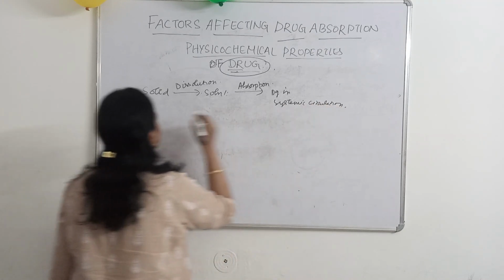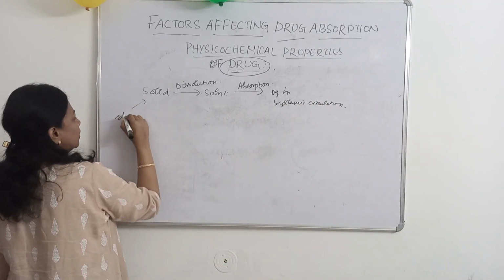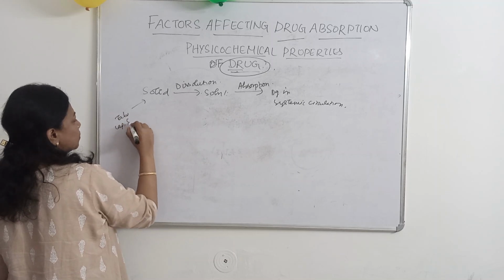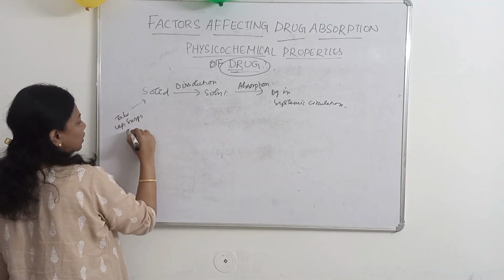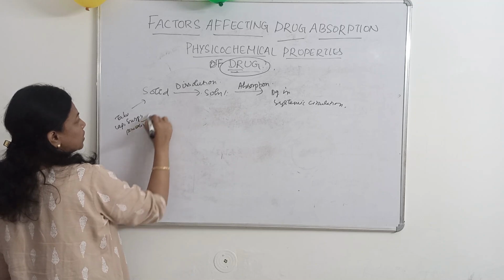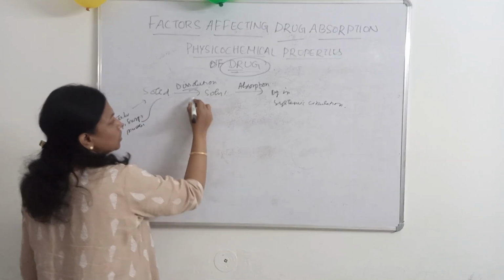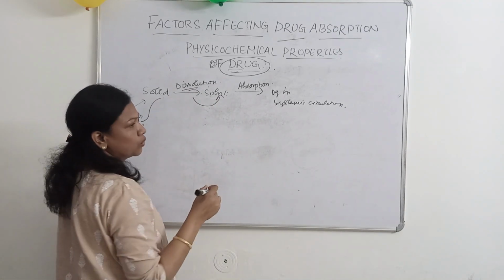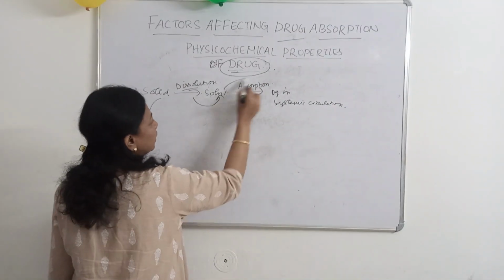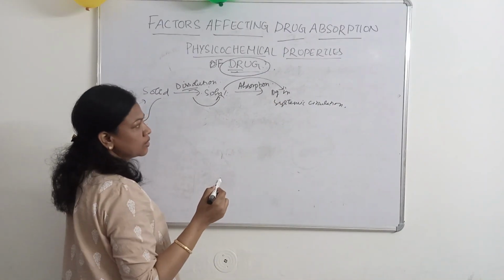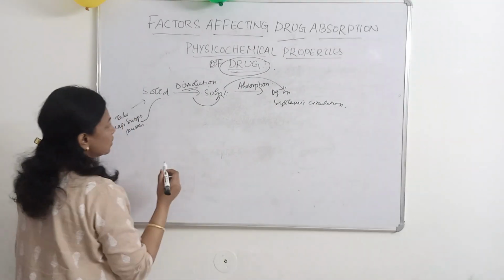So if the drug is given in the form of tablet, capsule, suspension, powder, or any other solid form, the drug must first undergo dissolution and go into solution state, and then it must be absorbed and enter the systemic circulation.